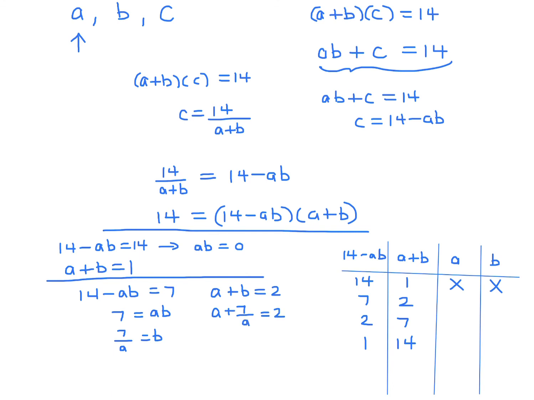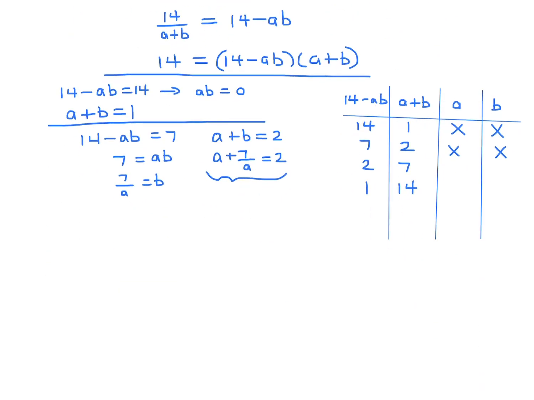Can we get this to work? If a is 1, it'll be 7 plus 1. That doesn't work. And if a is 7, then this is going to be 1 plus 7. That doesn't work because a has to be an integer. So there's no way of getting this to work, actually. This will not be able to give you a value for a, and definitely not an integer value. So that's a dud.